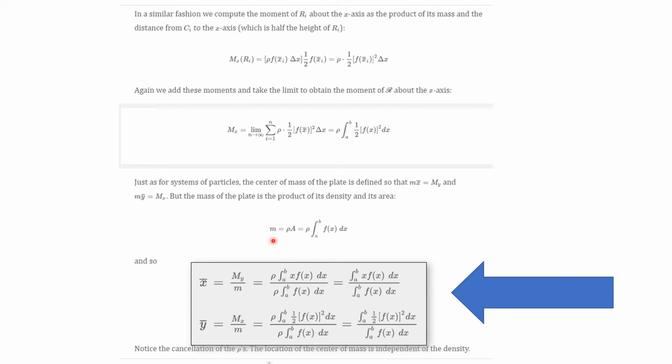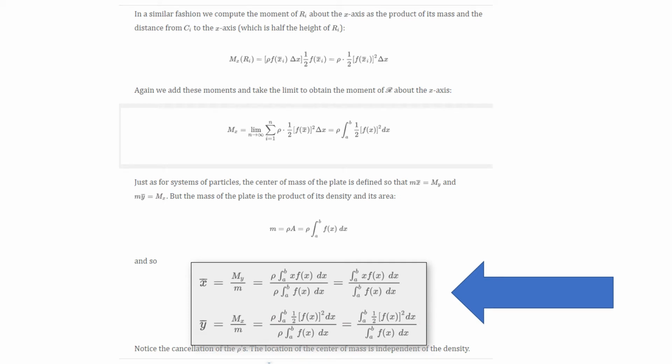And the mass is always going to be, because the density is mass per unit area, rho times the area. And notice that the rho's will cancel out because they're constants.